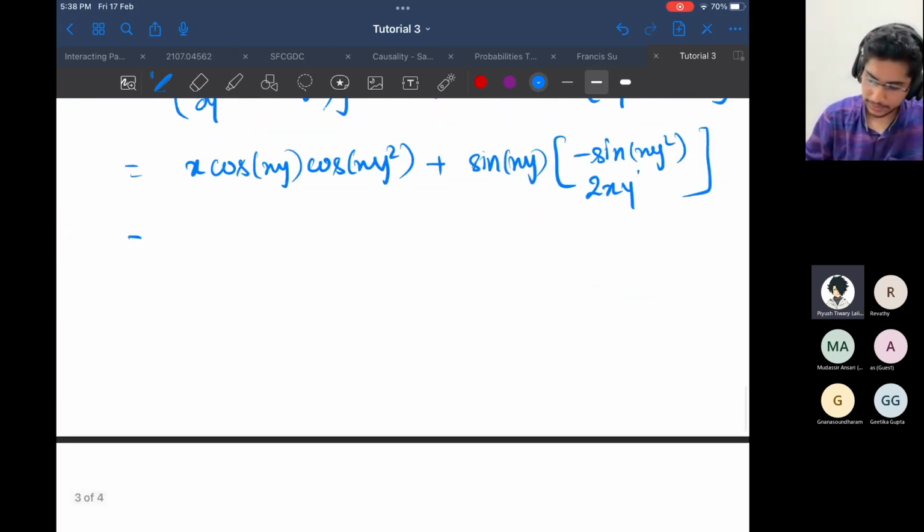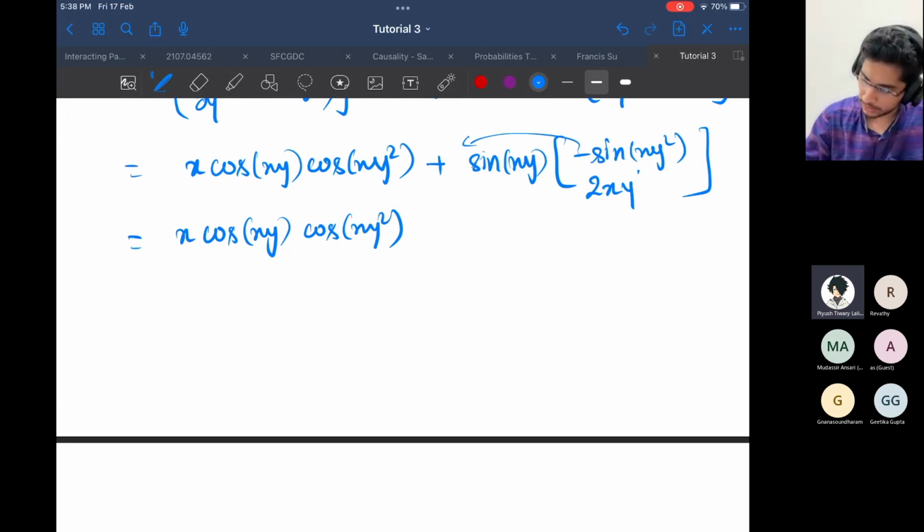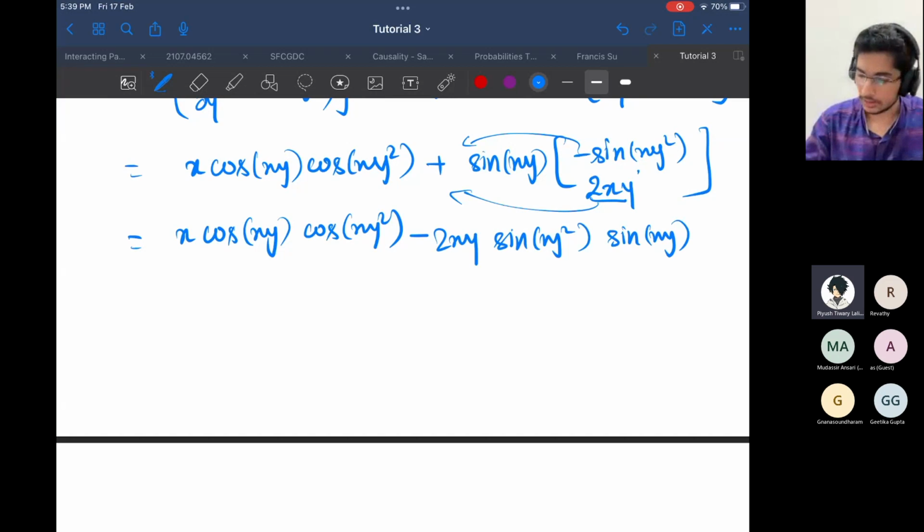Okay. So this will become what? Cos of xy, cos of xy square. So minus sign will come out, minus. You have 2xy here. Let me take this here as well, 2xy, and sine of xy square into sine of xy. Okay, this is what it will be.